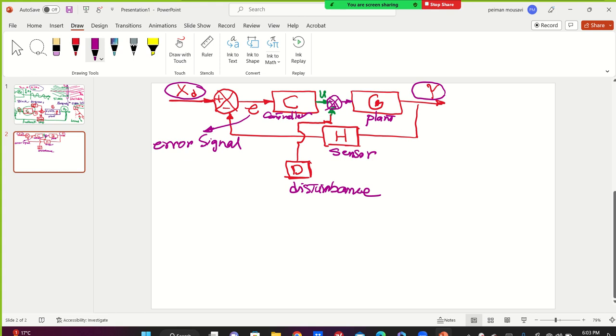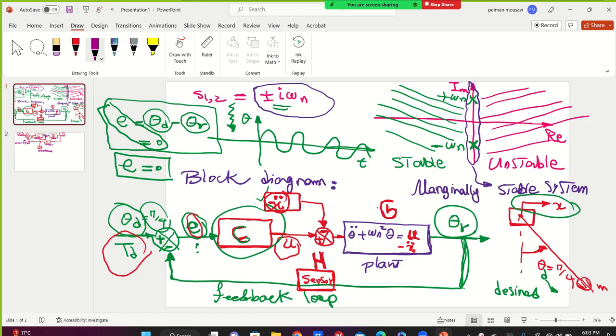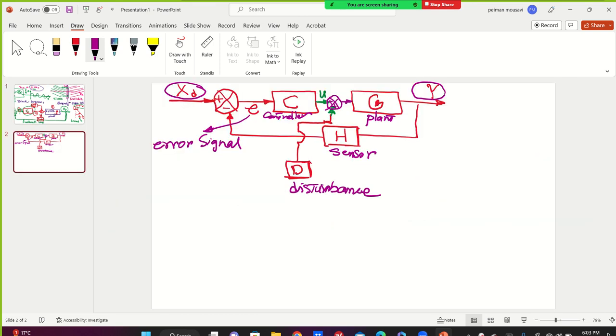But now, let me go to MATLAB and simulate this system. Theta double dot plus omega n square theta is minus x double dot.